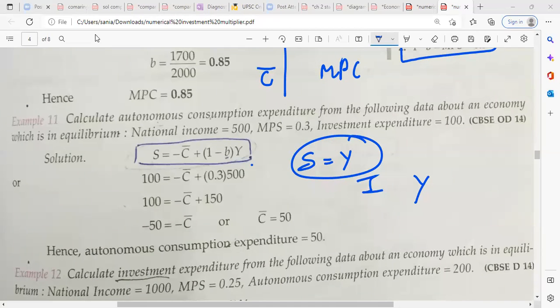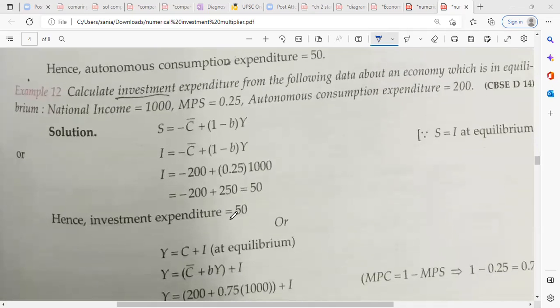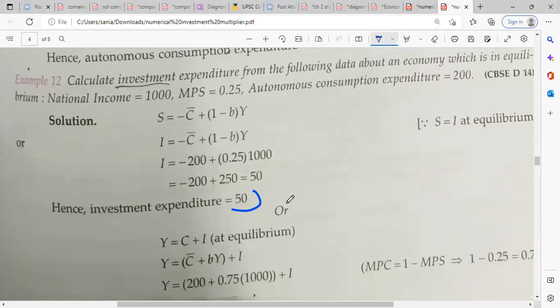Ma'am, is it 50? Let's just check. Investment expenditure is 50.